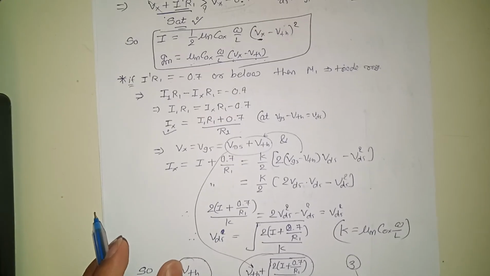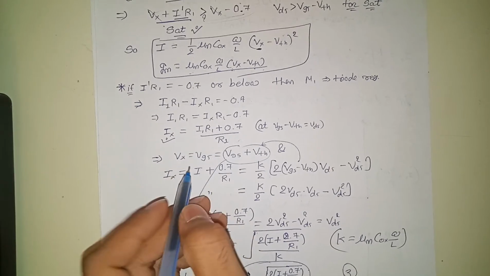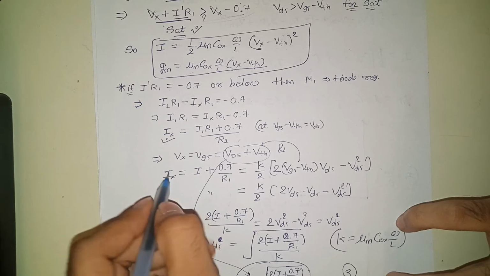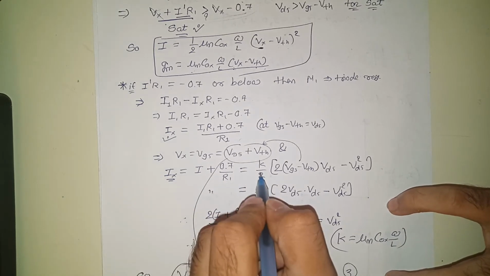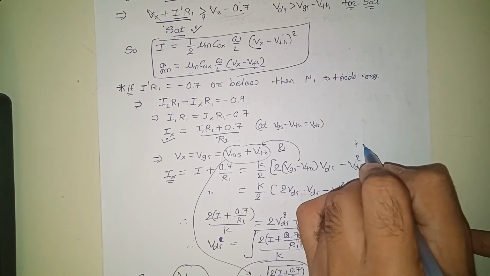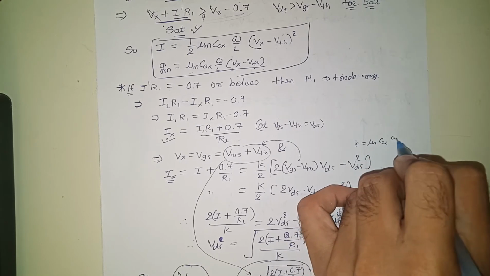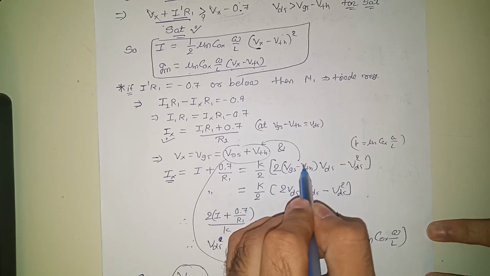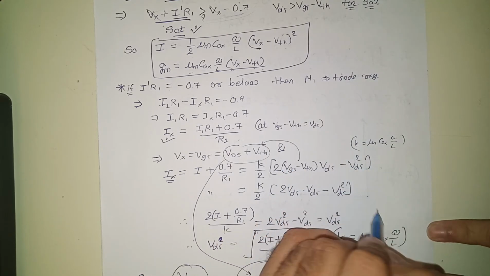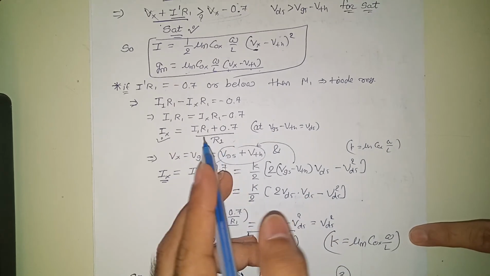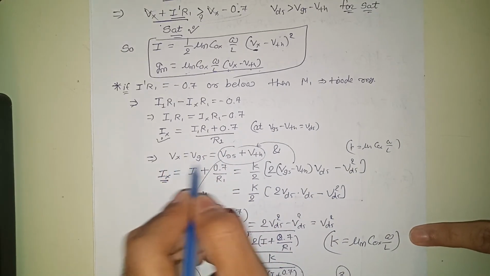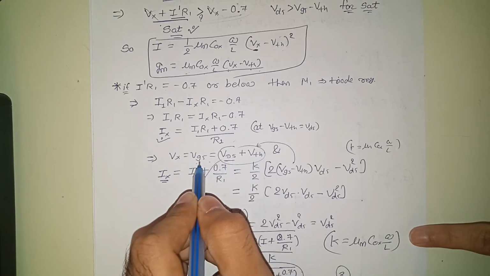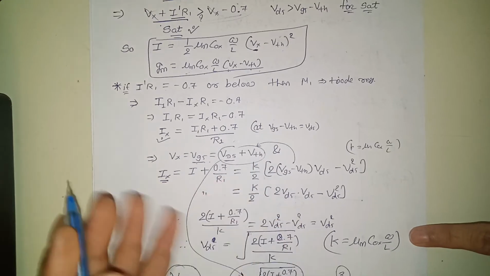Okay, so we will put the value here and see what is happening. Ix will be k by 2, where k is mu n Cox W by L, times 2 Vgs minus Vth, Vds minus Vds square. But at that particular time, Vgs minus Vth is equal to Vds, or in another way Vgs is equal to Vds plus Vth, both are the same.